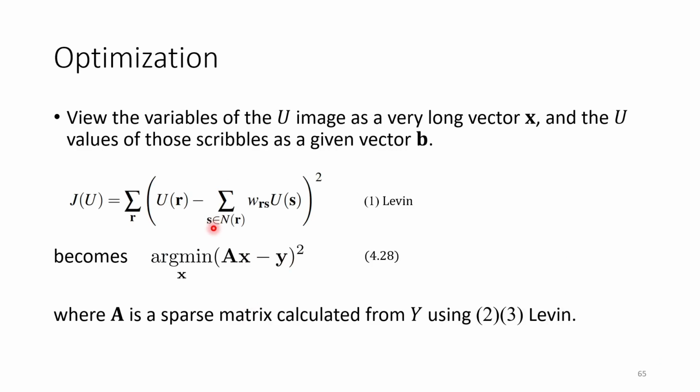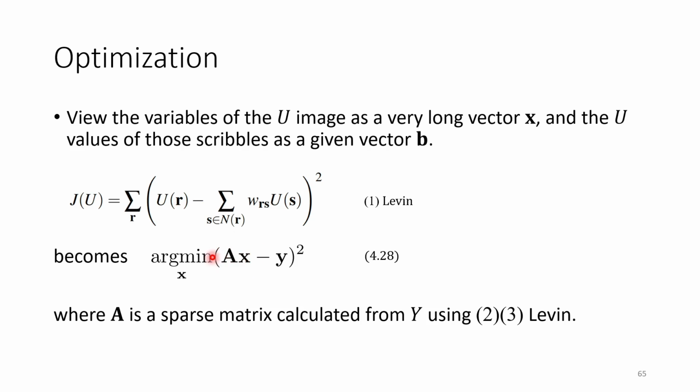Based on this design, they can create a very large matrix. For every pixel R in an image, which has many pixels, you only consider its surrounding pixels, without a given U or V value. Let's assume those pixels are the variables we want to solve, say x.